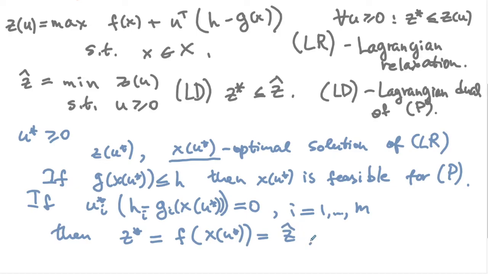So in this case, because this part is 0, f of x of u star is going to be exactly equal to z hat, and we essentially reach the upper bound for our original problem P, meaning that z star is equal to f of x of u star, so x of u star is optimal for P.